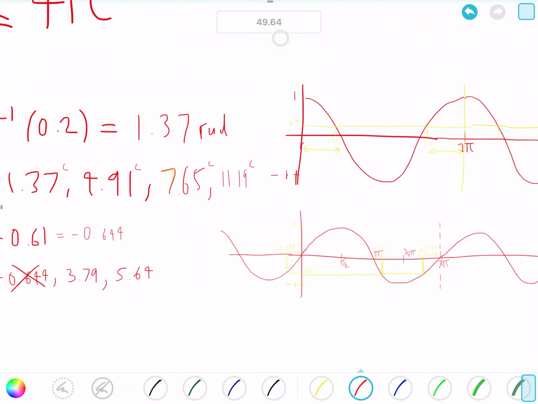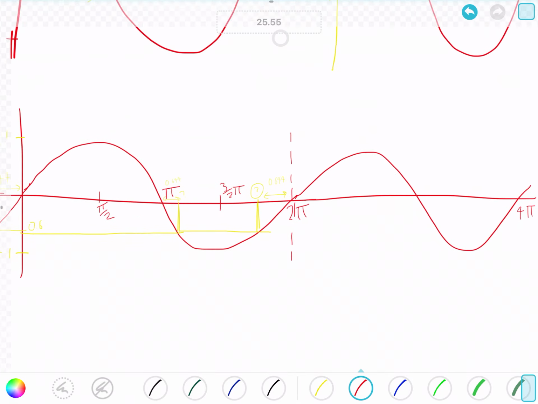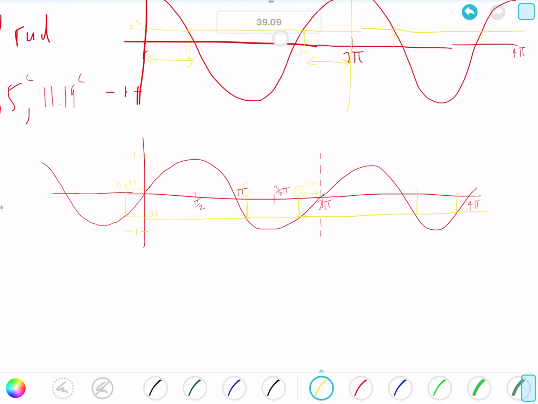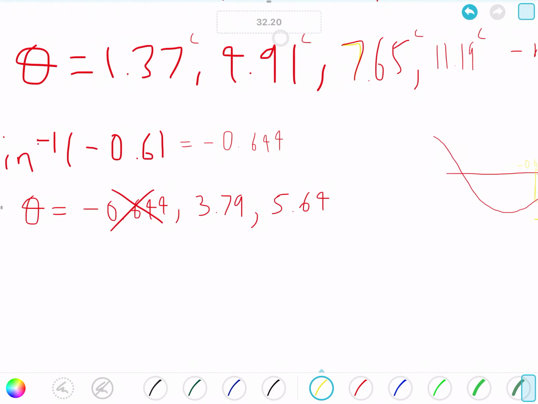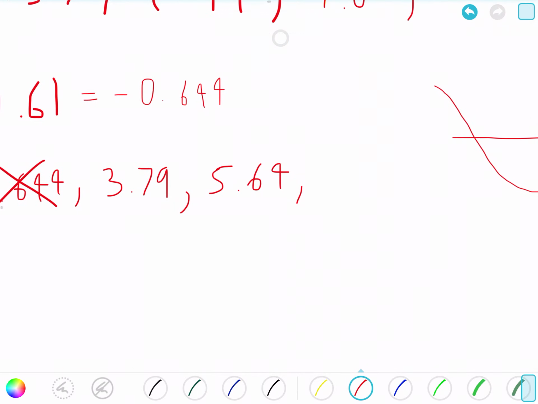So now you've done the hard work, you found those two angles. The rest is easy, because the final two solutions, as we said before, that's this and this, that's just 360 plus the ones we've already got. But instead of 360 we use 2 pi because we're working in radians. So 3.79 plus 2 pi will give us the first one, 10.1.